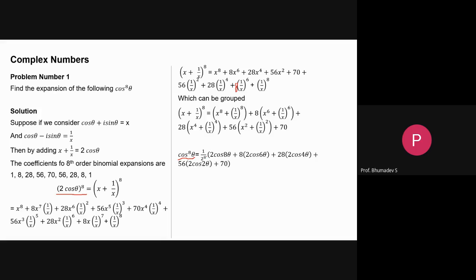Then 1 upon 2 to the power of 8 you can write here into the first part, which can be written as twice of cos 8 theta. In the same way, the second term is 8 into twice of cos 6 theta. In the same way, you can write the next term as 28 into twice of cos 4 theta.